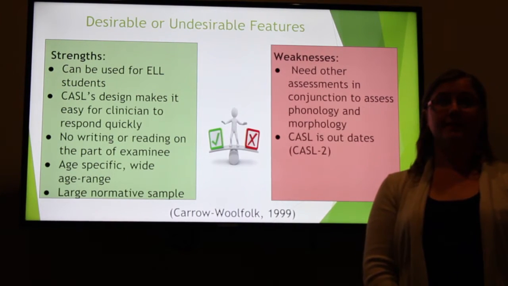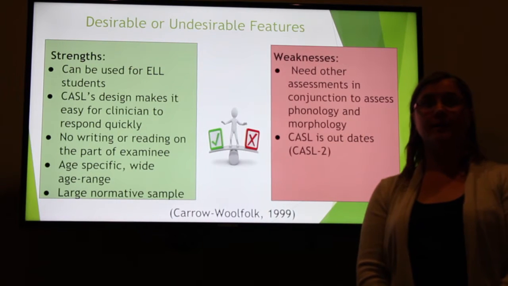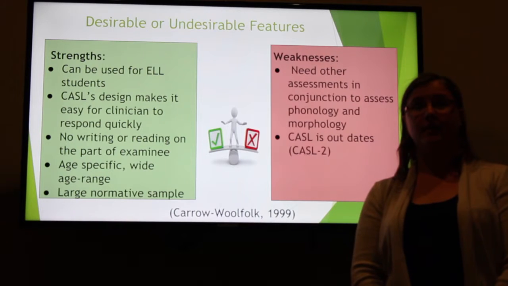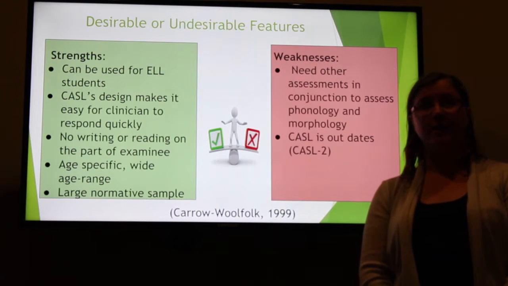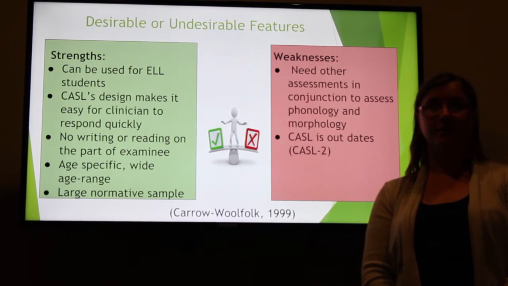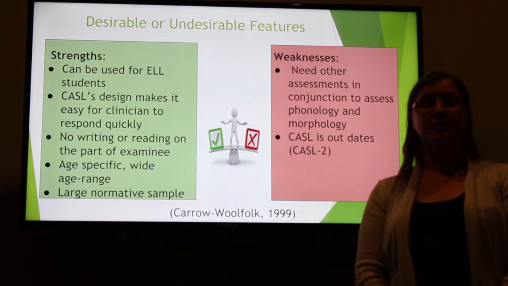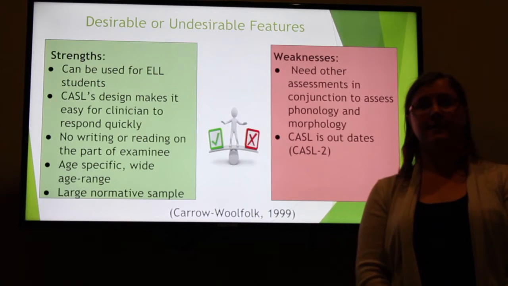For the weaknesses, other assessments are needed in conjunction with the CASL in order to assess phonology and morphology if necessary. The CASL is outdated in both appearance, images, and reinforcements said to the examinee.